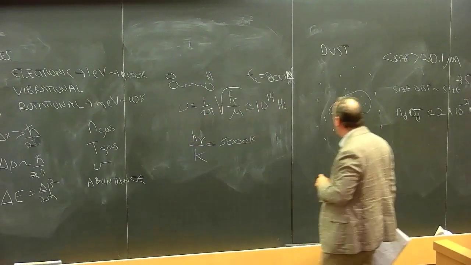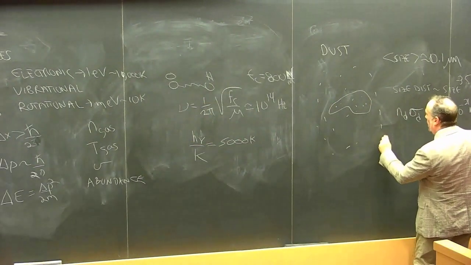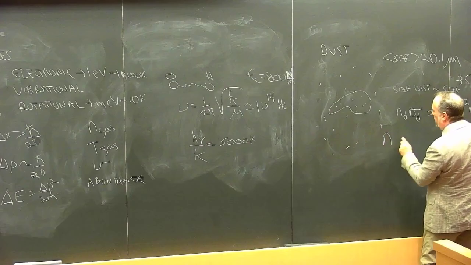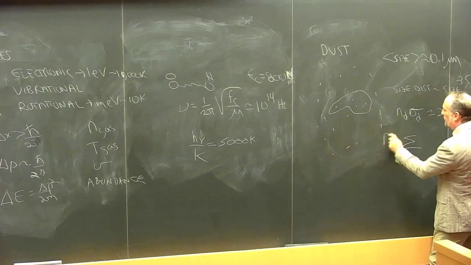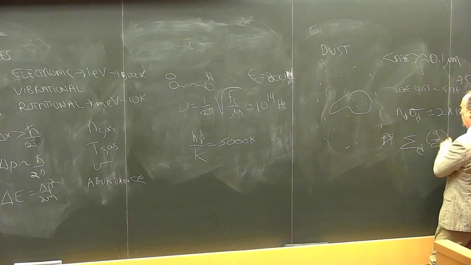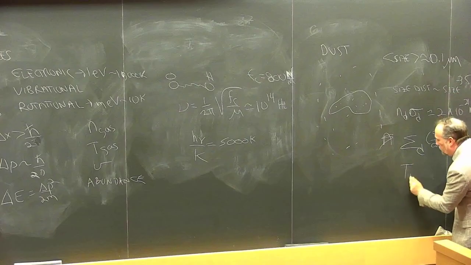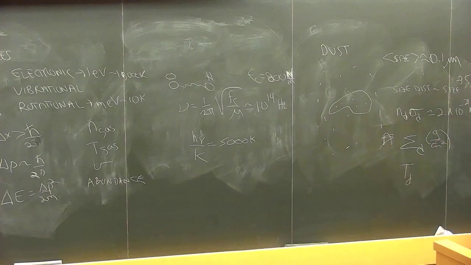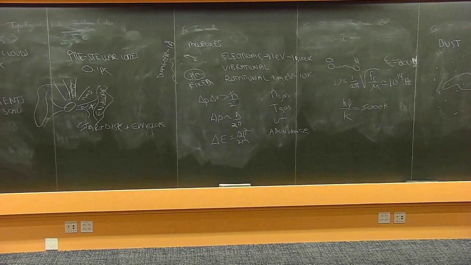From the dust, what I really get is the surface density of the dust, which is in grams per centimeter squared. I can get the temperature of the dust. And actually, we know from various means that the ratio of the gas mass to the dust mass is 100.